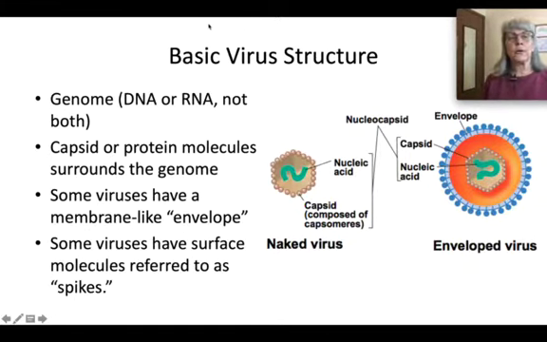Many of these viruses come with a protein sheet that surrounds the genome, known as a capsid. The last 2 features aren't on all viruses. They're found on some. Some viruses have a membrane surrounding the capsid, and this membrane-like feature is called an envelope.